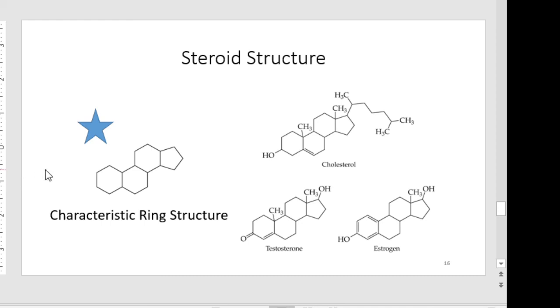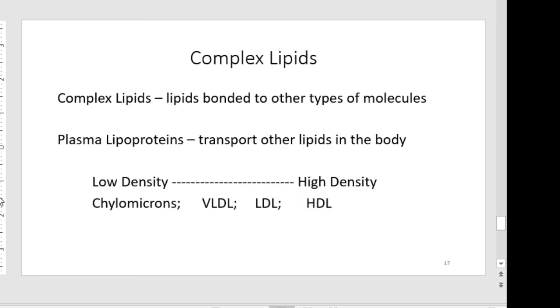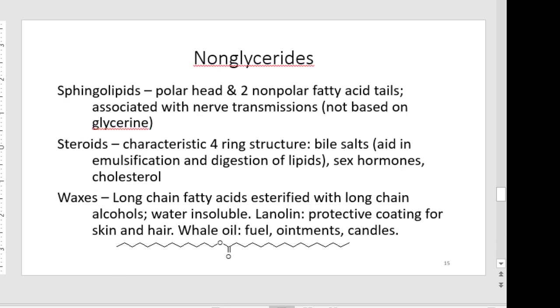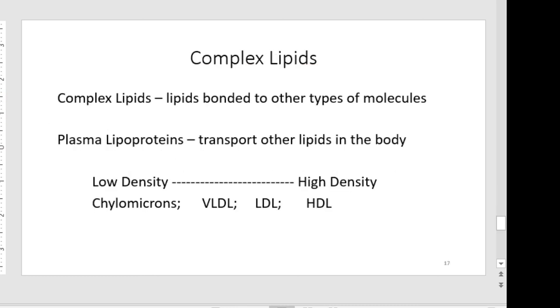All right. So on the test, I'll give you some of these structures and I'll ask about it. Which one is a phospholipid? Which one is cholesterol? Or which one is a steroid? Which one is a sphingolipid? Then, that one is not going to have that CH2, CH, CH2.